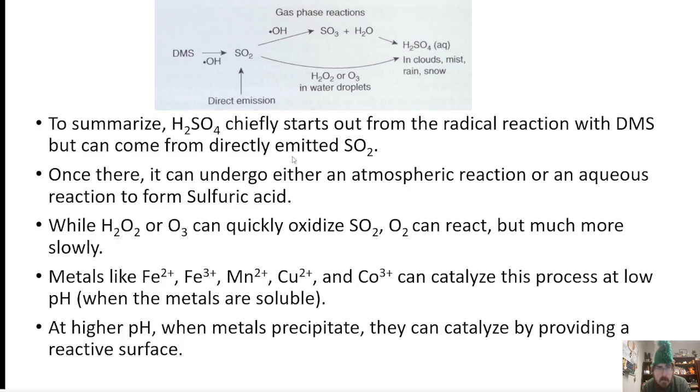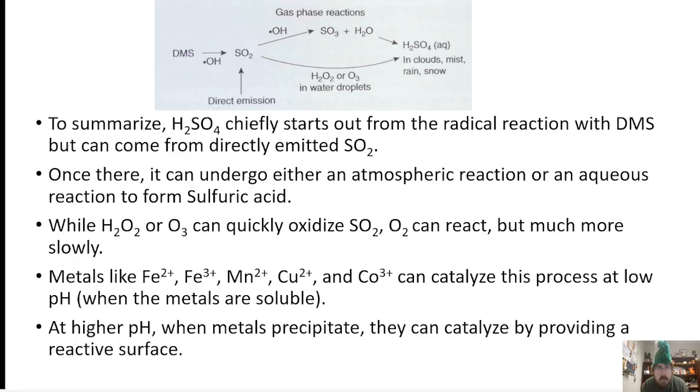To summarize this, we have some sort of sulfur compound. The sulfur compound reacts with hydroxyls eventually to form sulfur dioxide. If it's just in the gas phase, it can react with more hydroxyl radicals to form sulfur trioxide and water, and sulfur trioxide reacts with water to form sulfuric acid.